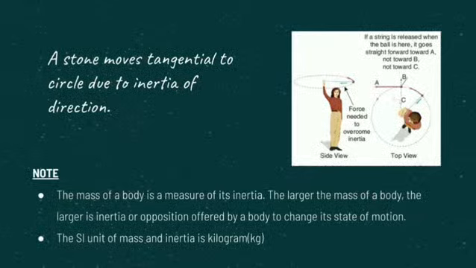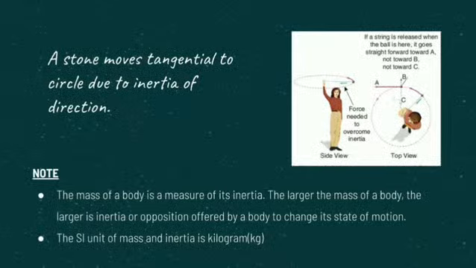And if the mass of the passenger is higher, the inertia is more. That means they take more time to come to rest or to change their position. Similarly, if it is a small object, it can change its position very easily, as we saw in the third example. The larger the mass of the body, the larger is the inertia, or the opposition offered by the body to change its state of motion.